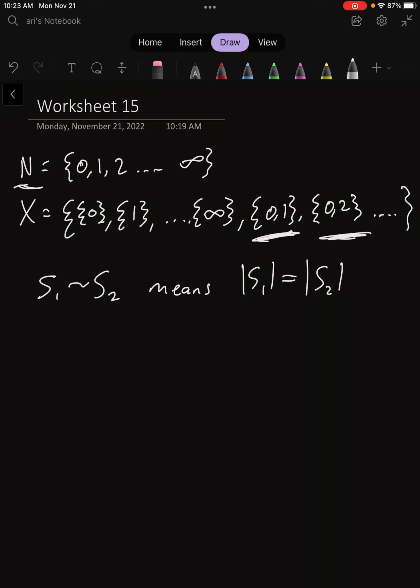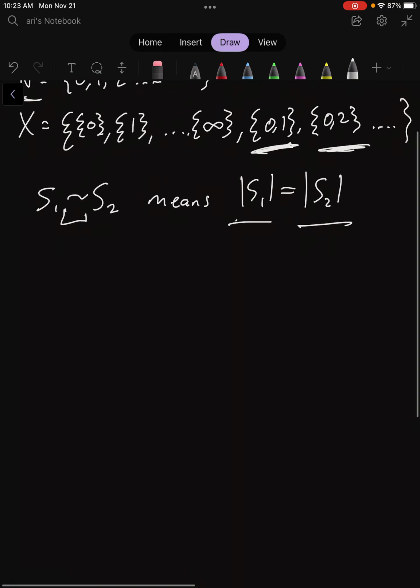So that's what this tilde is, basically shorthand for cardinality equality. And when you think about all these equivalence relations that we're going to be working with, or even if they're not equivalent, tilde is like a stand-in for some longer phrase. So tilde here means the cardinalities are equal. So if you see S1 tilde S2, that means that S1 and S2 have the same cardinality.